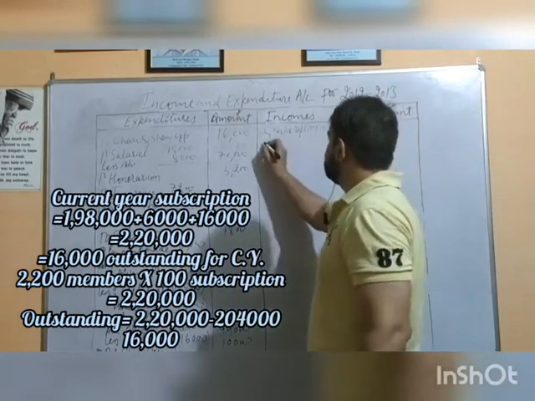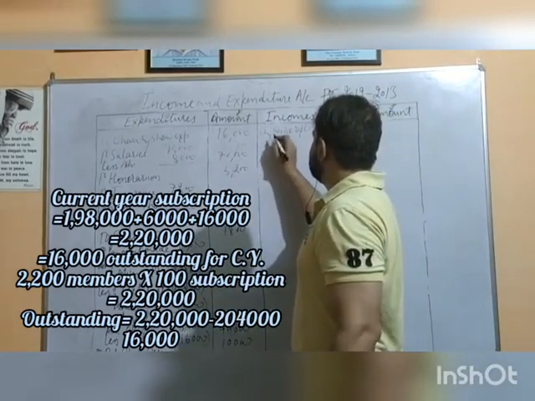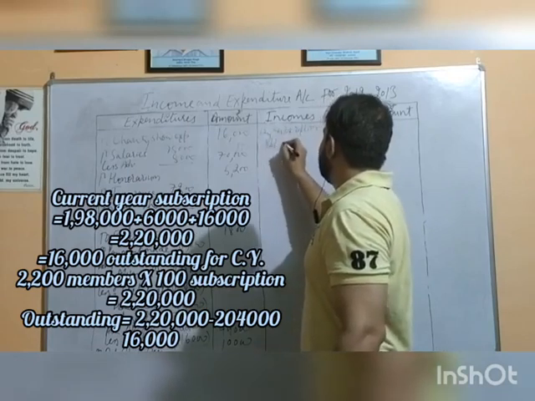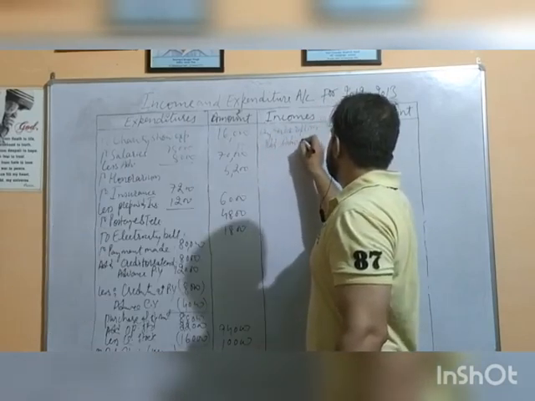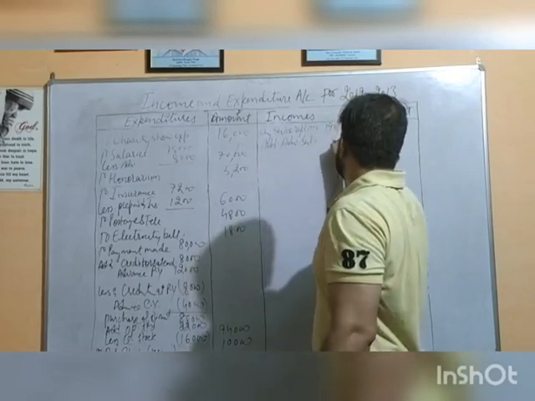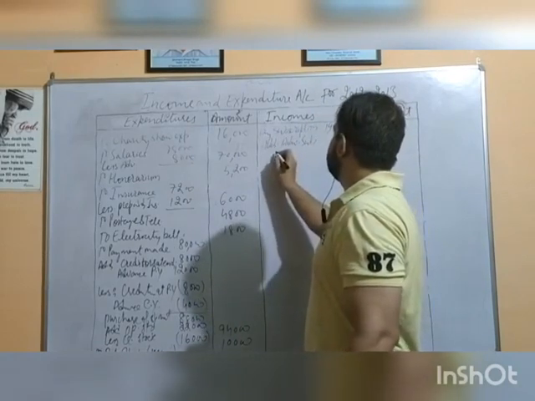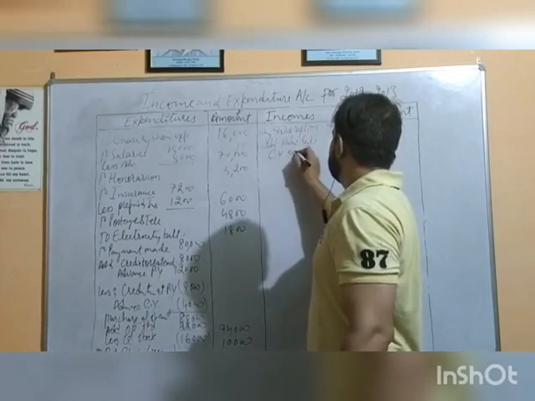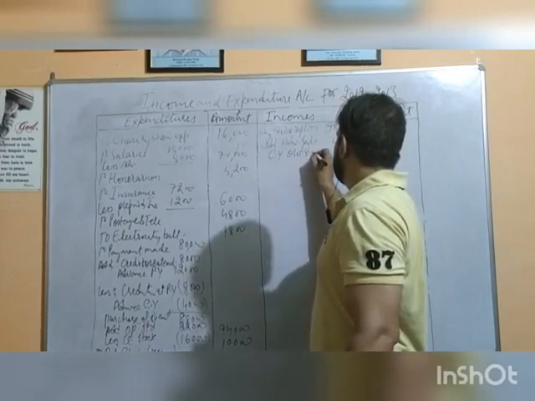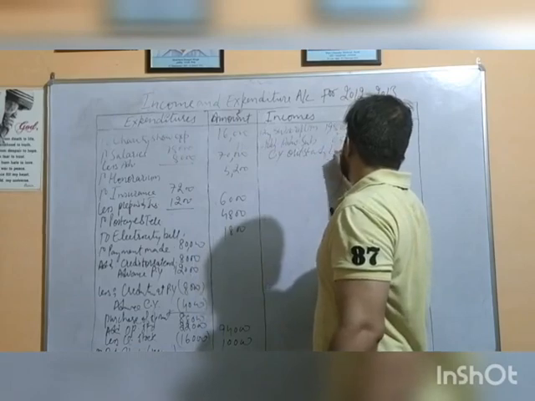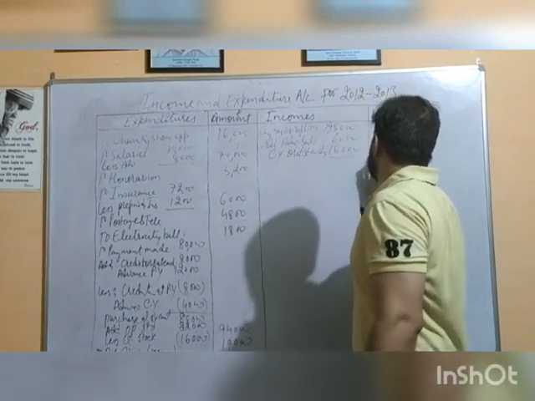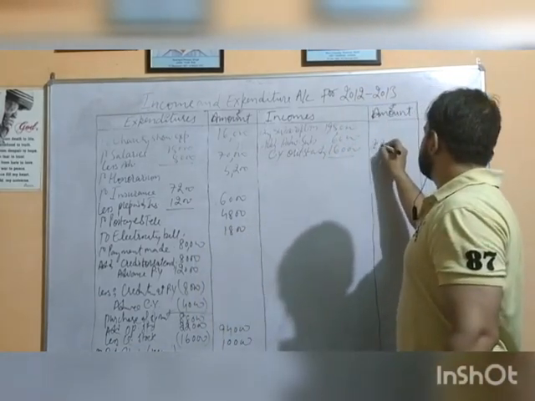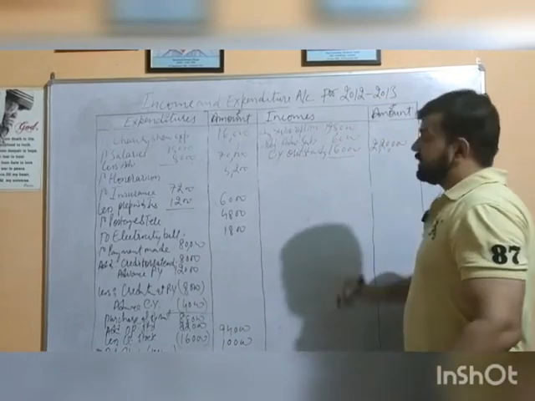So here we have advance subscription, which is given in the opening balance sheet: advance subscription received during the previous year rupees 6,000 and current year outstanding rupees 16,000. Here we cannot have more than 2,20,000, which relates to the current accounting year.